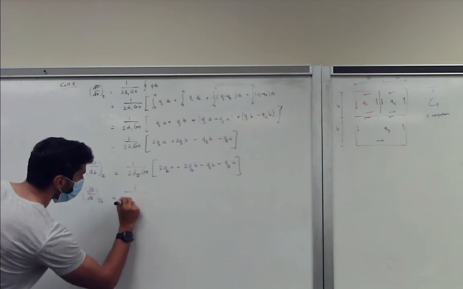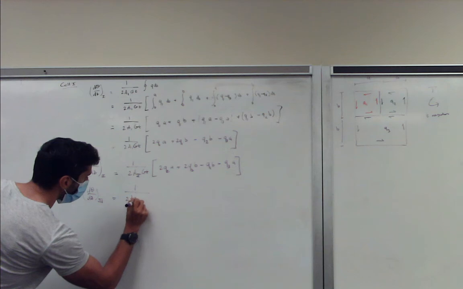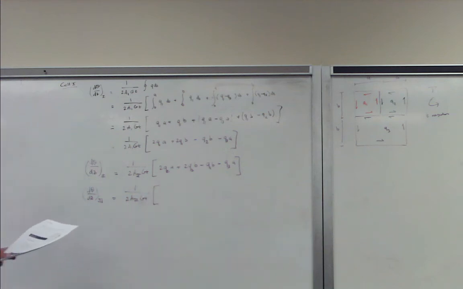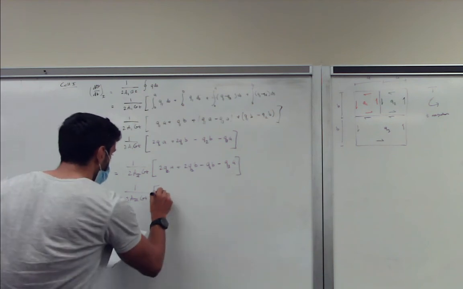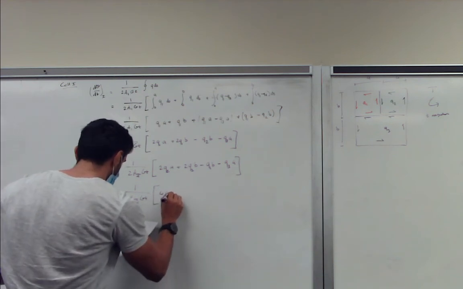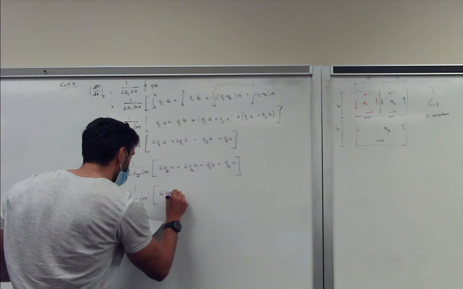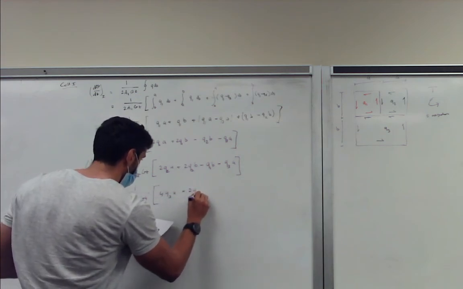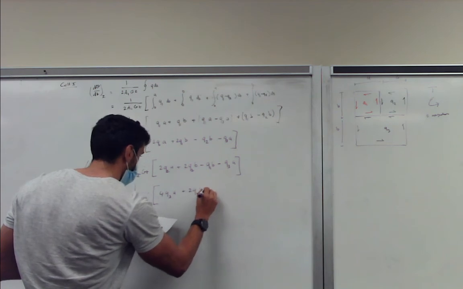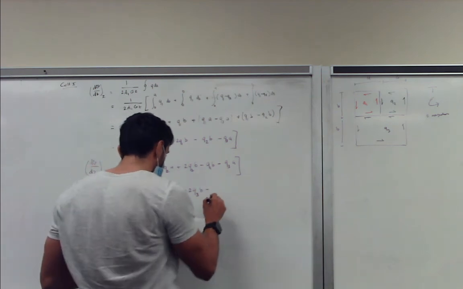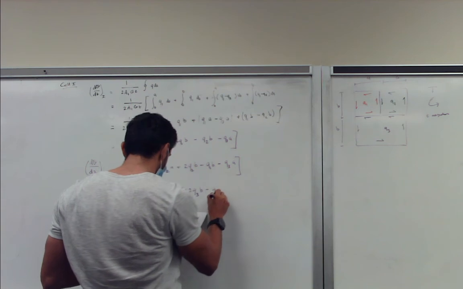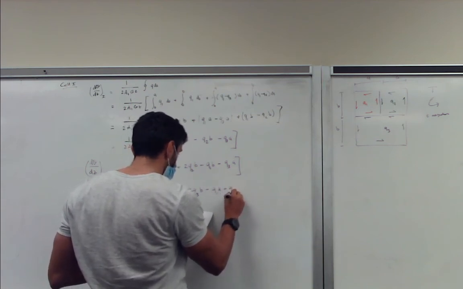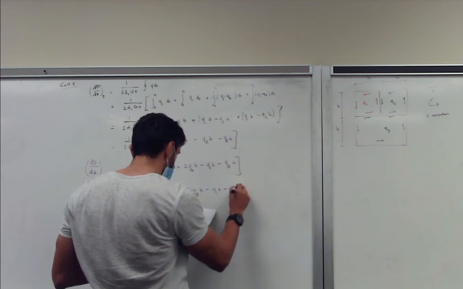Now we get 1 over 2 times area 3 GT, and then we get 4 times Q3A plus 2 times Q3B minus Q1A minus Q2A.